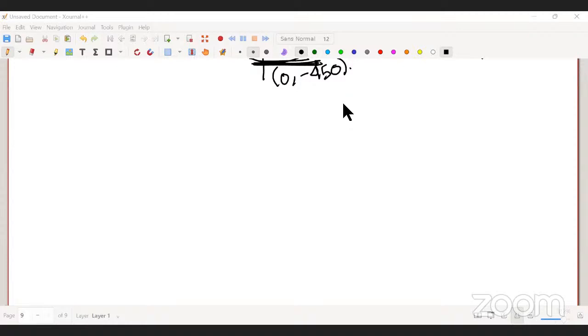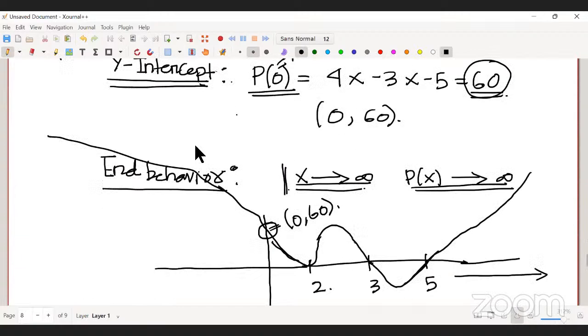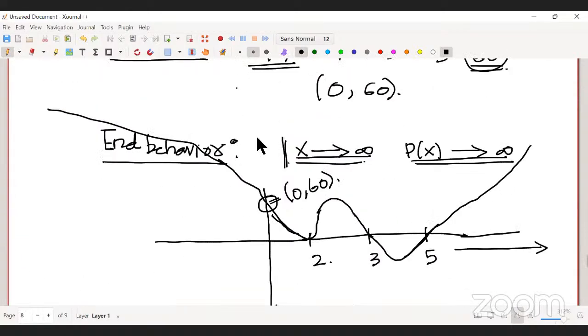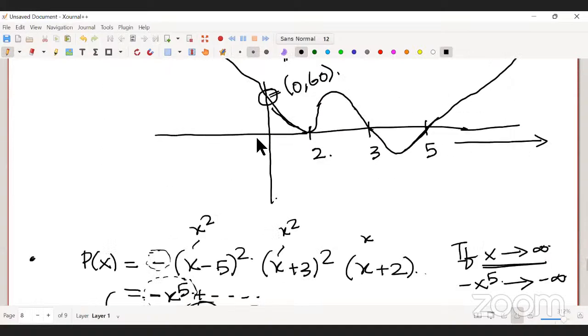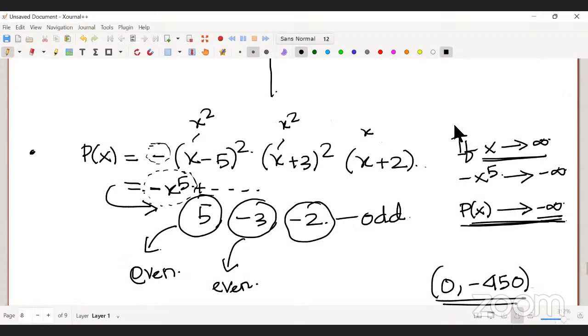Okay, sir. Once again, will you tell the end behavior of the polynomial? Yeah, that is what I have explained here, right? So what is the problem with the end behavior? Do you have any doubt here, about whatever I have explained for this question?